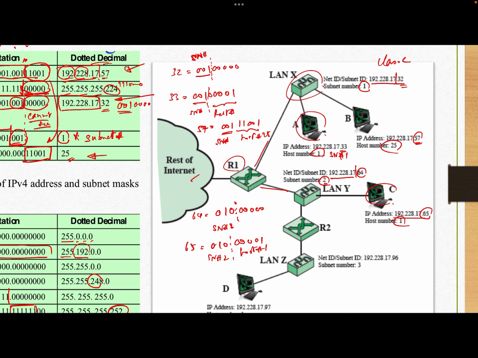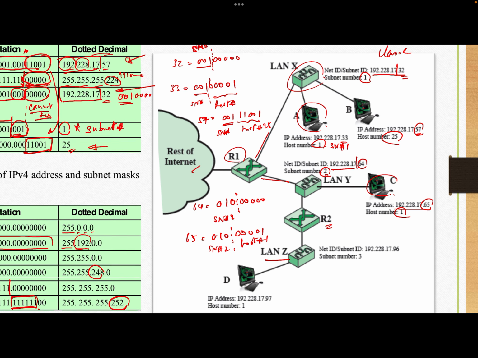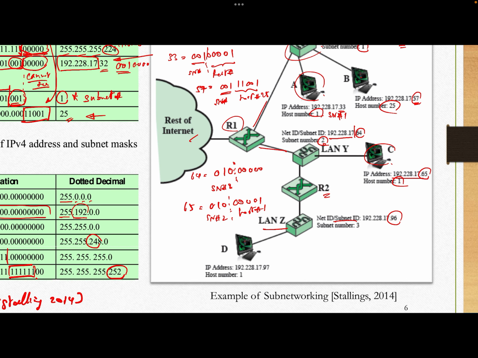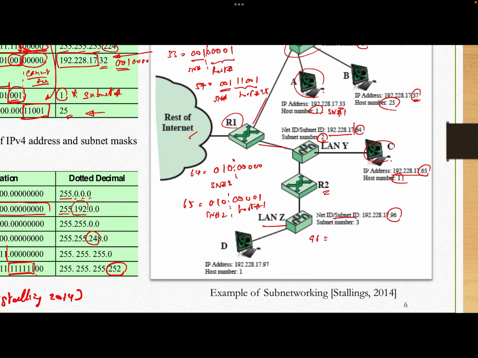And then you have this router here connected to LAN C. LAN C has the subnet ID, this one, 96. 96 is 0, 1, 1, 0, 0, 0, 0, 0. Subnet number 3. And then this IP address 97 is 0, 1, 1, 0, 0, 0, 0, 1. So subnet number 3 and host number 1.